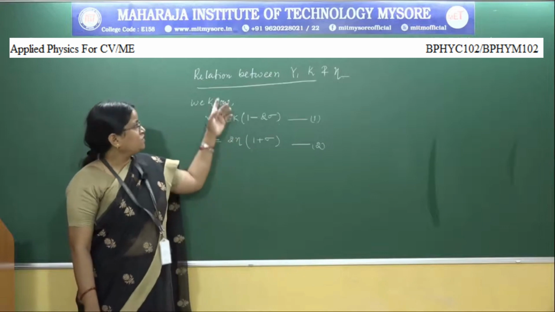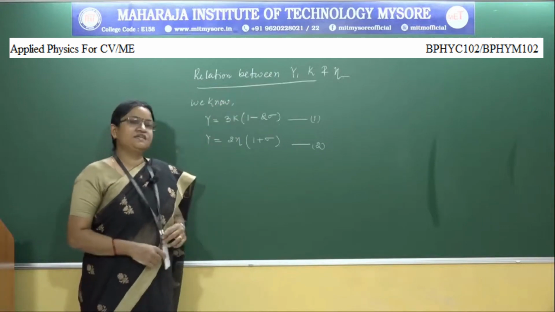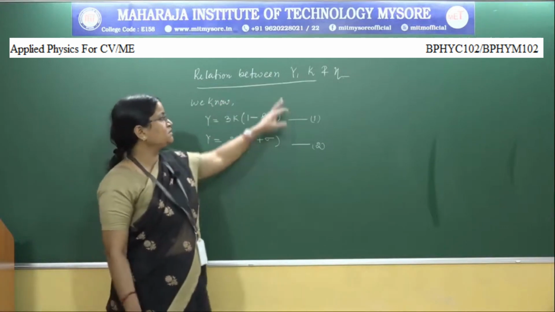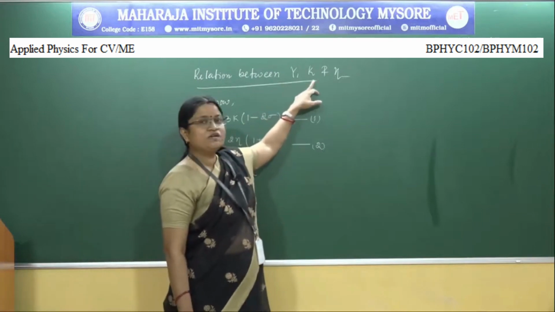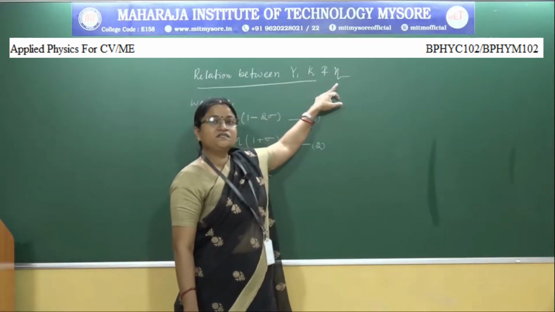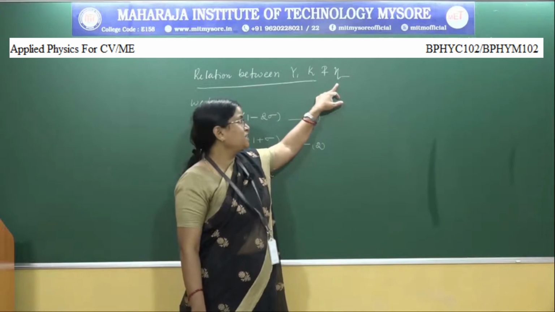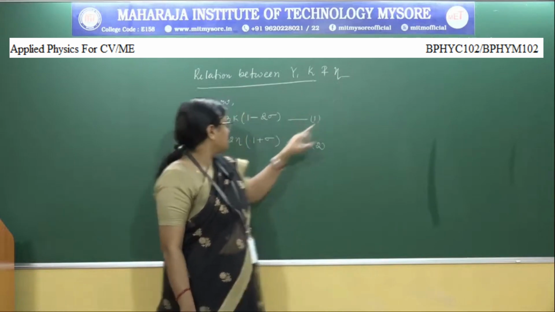So now we will derive the relation between Young's modulus Y, bulk modulus K and the rigidity modulus, which we denoted by eta.